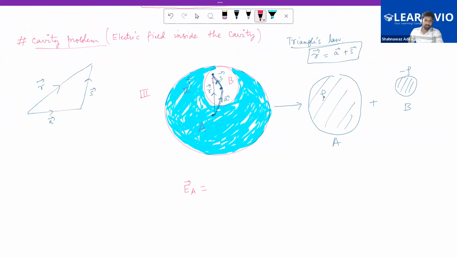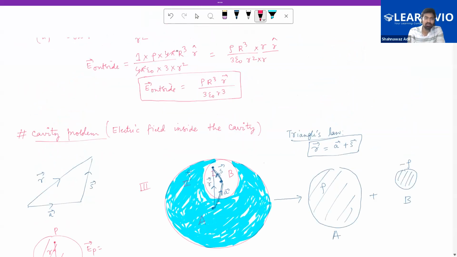If you have a sphere and some point, let's say this is the center and this distance is r, what is the electric field at this point P?